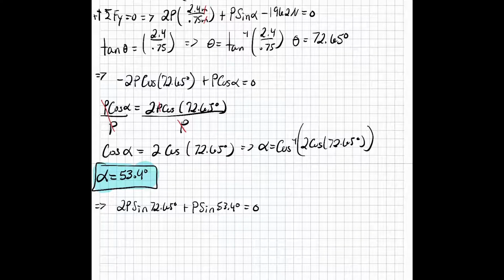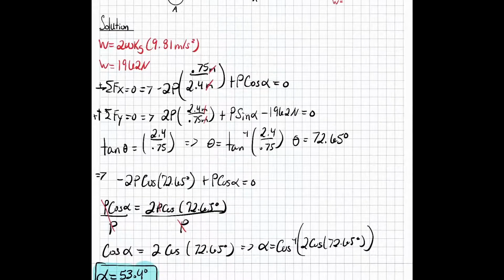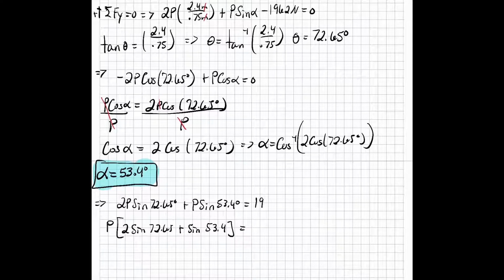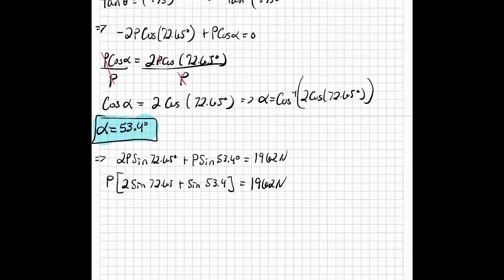We can pull out a common factor of p, all times 2 sine 72.65 plus sine of 53.4, all equal to 0. And then we also need to worry about our 1962 for our weight. That's going to go over to the right-hand side, 1962 newtons.